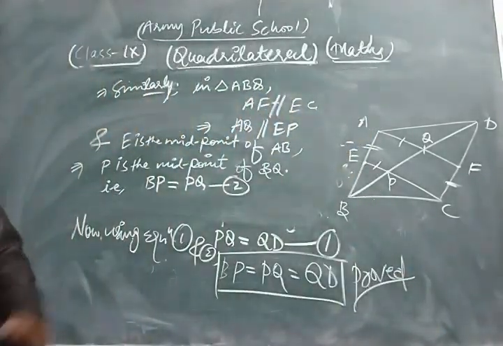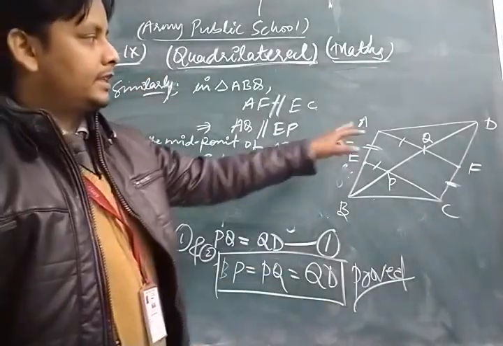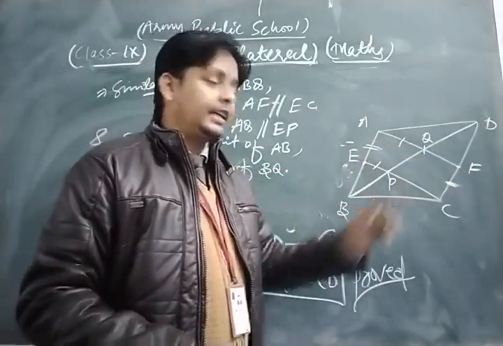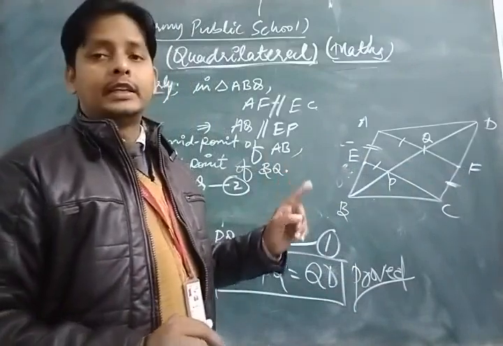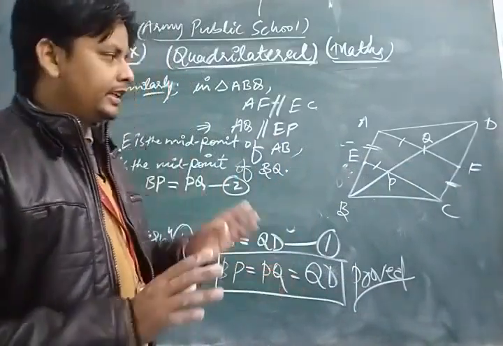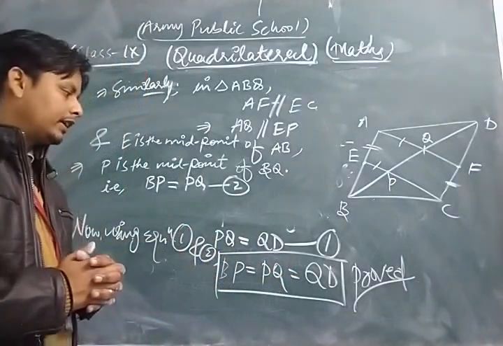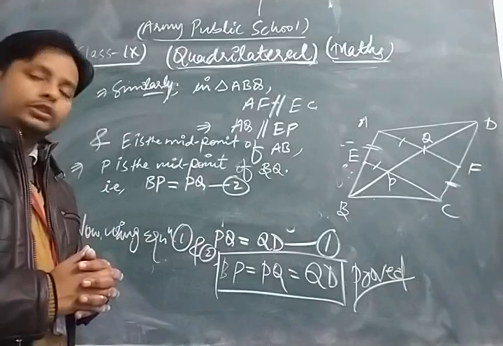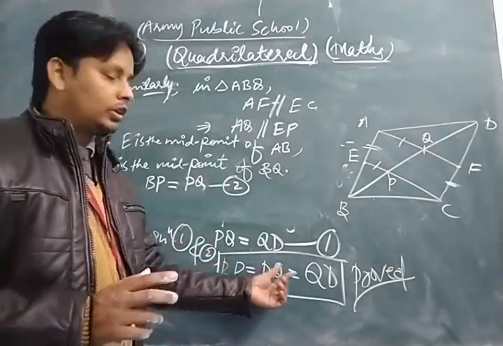It means that AF and EC trisect the diagonal BD. Trisect means that it divides the given diagonal into 3 equal parts, that is, BP is equal to PQ is equal to QD.